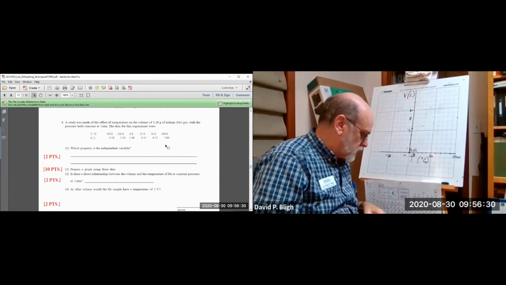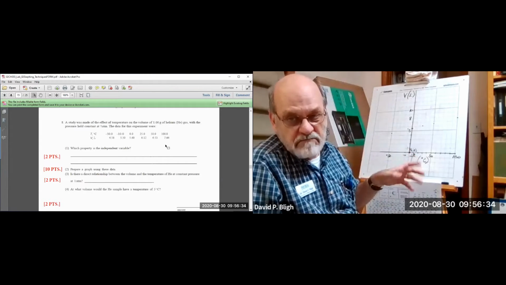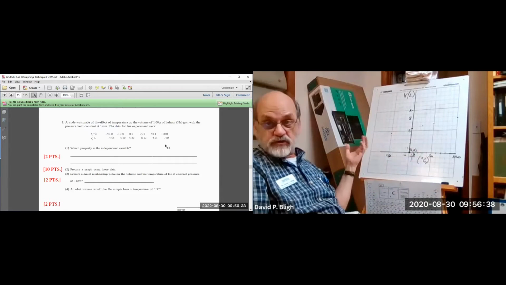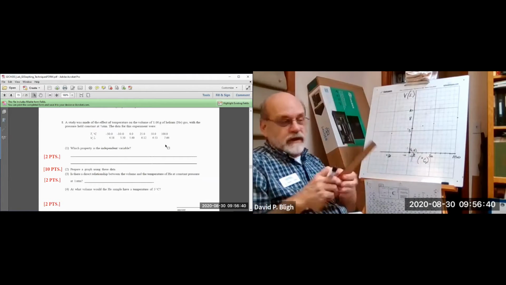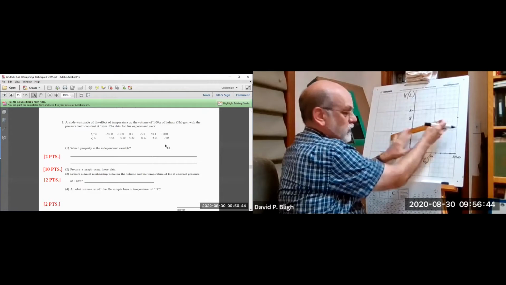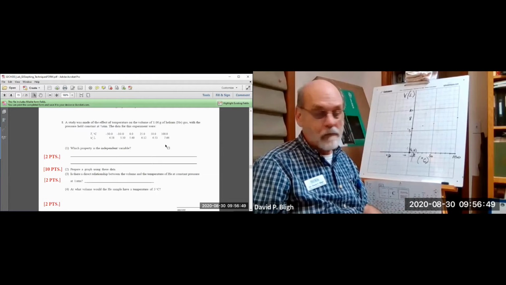One of the things we can do is determine, does that look like a curve of some kind, or does it more closely resemble a straight line? Well, all you need is a straight edge, right? Looks to me like it approximates a straight line.